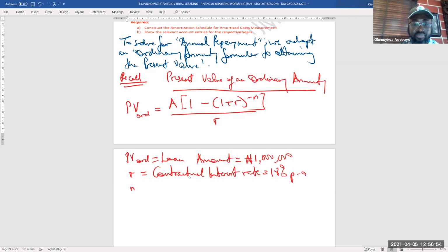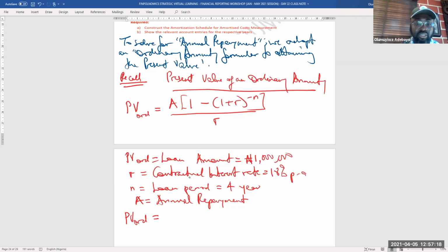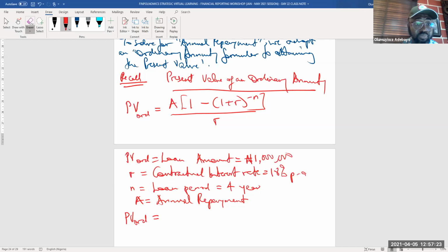The N is the loan period, which is 4 what? Years. While the A is the annual repayment, which accommodates both interest and principal. Since we have them, you can substitute all of this in the equation.